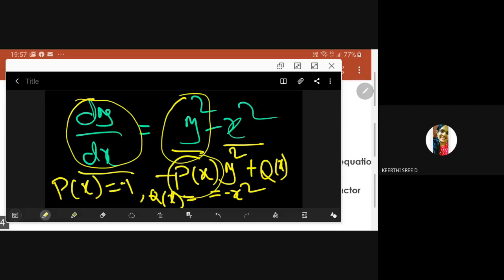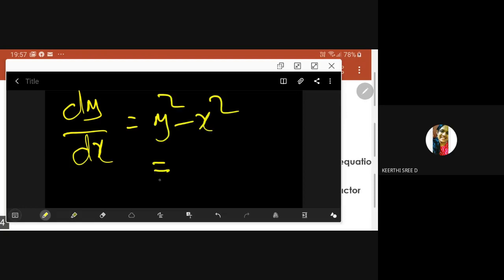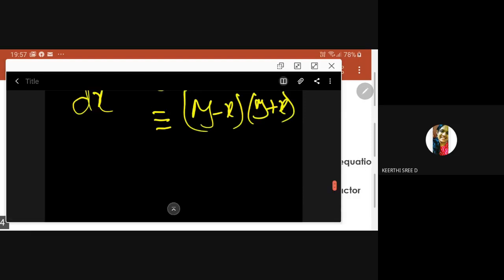On the other hand, see how I interpret this equation. This equation can be further interpreted as, what is our equation? dy by dx is equal to y square minus x square. So how do I write this? This is nothing but y minus x into y plus x. So I can write this further, I can realize this in many ways.